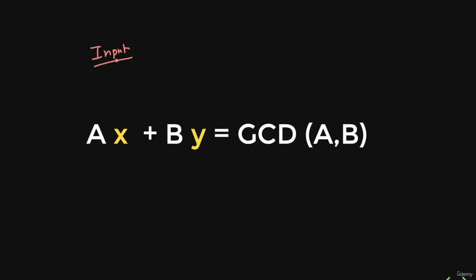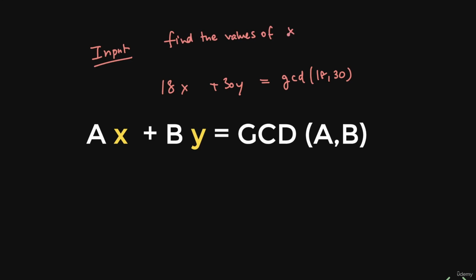Let's say 18x plus 30y, that is equal to, let's say, GCD of 18 and 30. Okay, so what you need to do is you need to find the values of x and y that satisfy this particular equation. Okay, so this is what we need to find out.